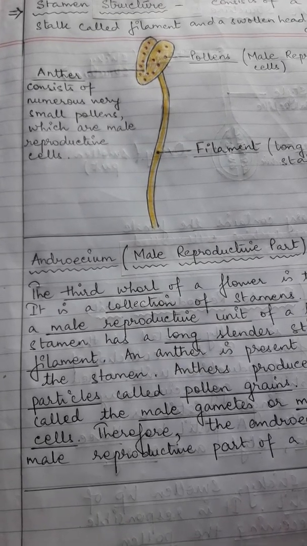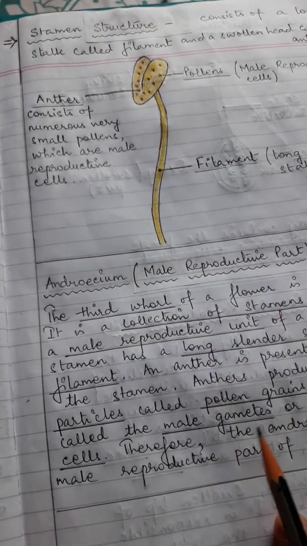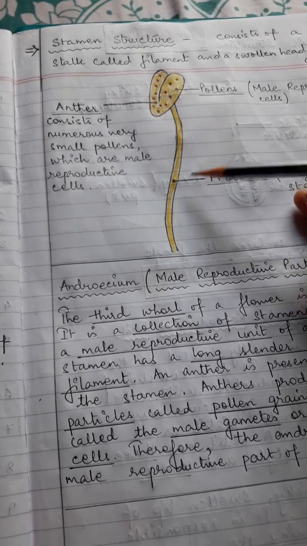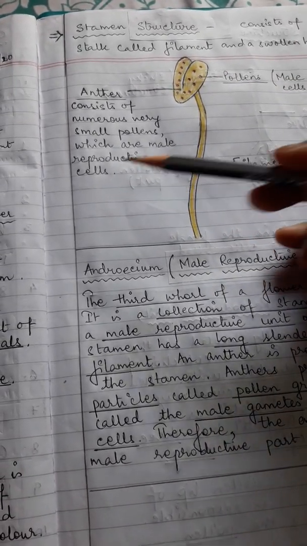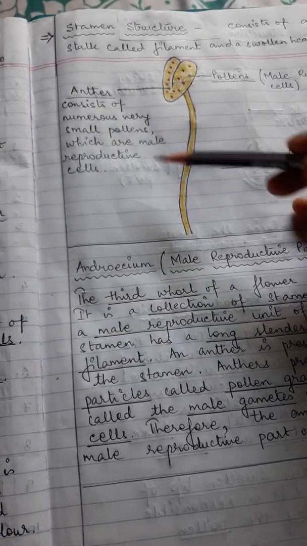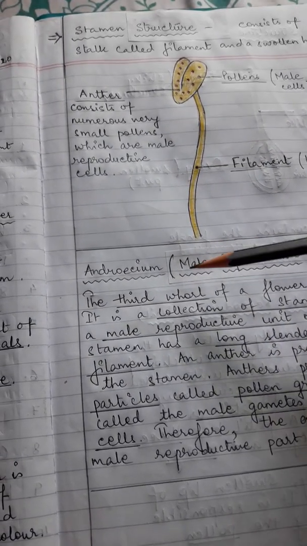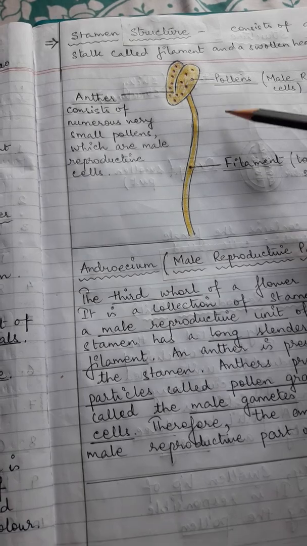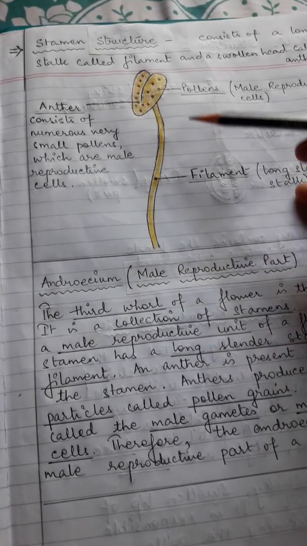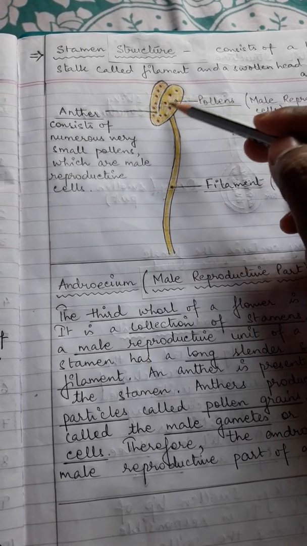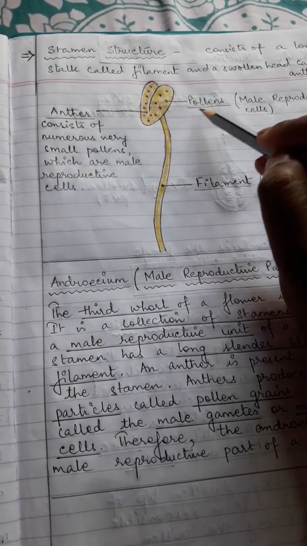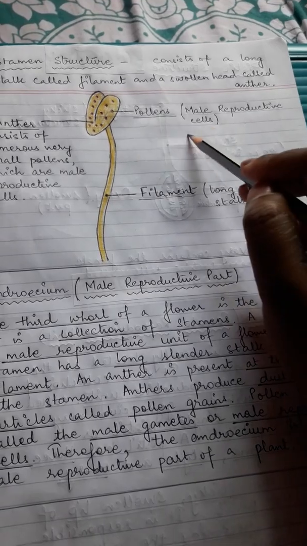Clear? Here I have drawn a diagram of a stamen. In the last diagram, have you seen the collection of stamens? I told you, the collection of stamens is called androecium. So here I have drawn a stamen. You can see the red dots. These are pollens. What are pollens? Male reproductive cells.